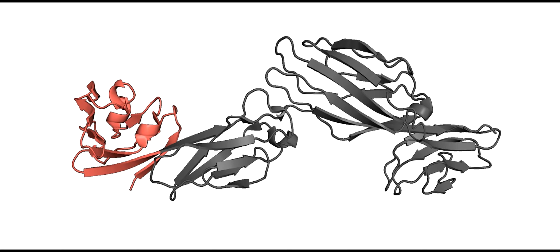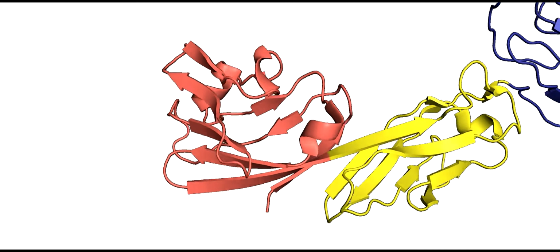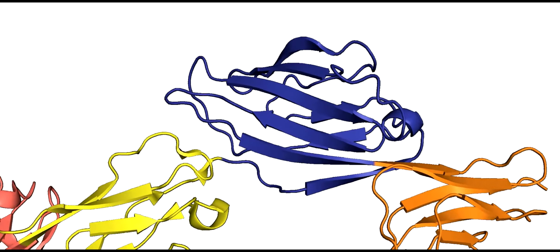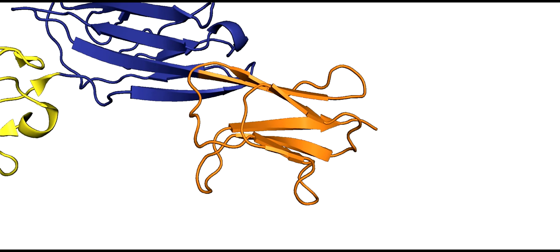There's domain 1 here in red, domain 2 here in yellow, domain 3 in blue, and then domain 4 in orange. Each of these individual domains will fold independently or semi-independently from the other domains and thus have possibly a different function.